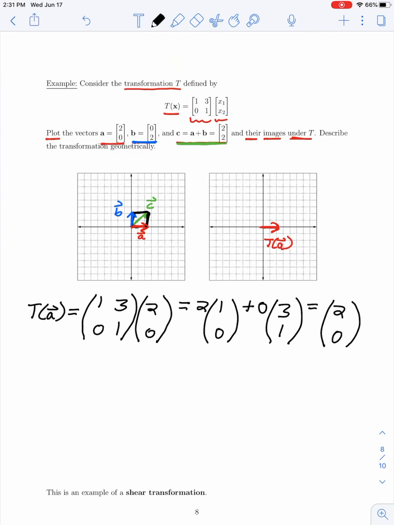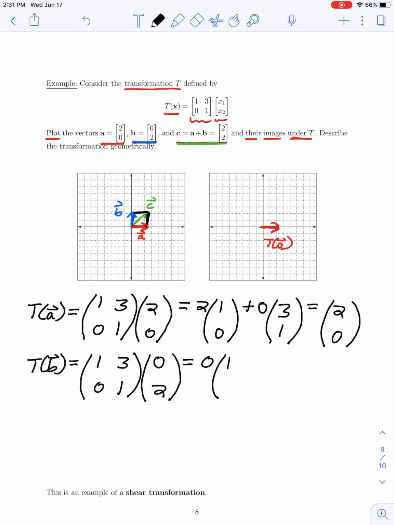So let's look at the transformation of B. T of B is the matrix [1, 3; 0, 1] times the vector B, whose components were (0, 2). So here we have 0 times the first column, (1, 0), plus 2 times the second column, (3, 1).